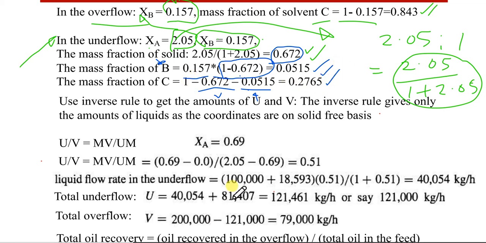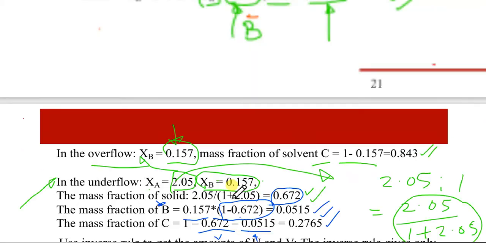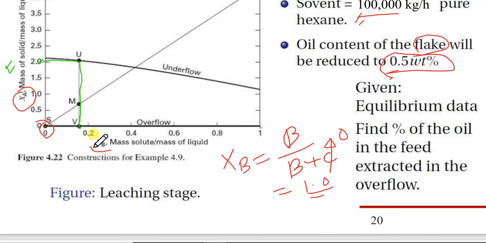So this is done. Now we need to know the flow rate in the overflow and in the underflow. So we will use the lever arm rule. You connect this one, this becomes M, the mixture.